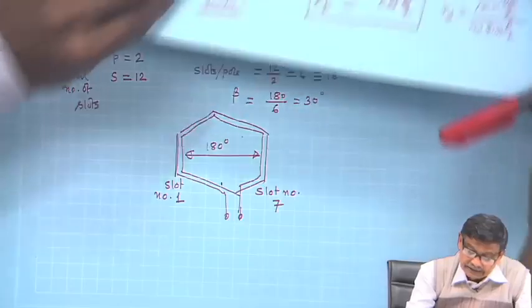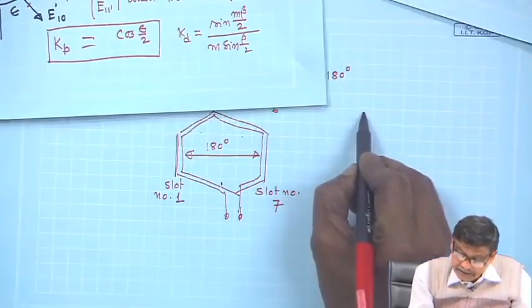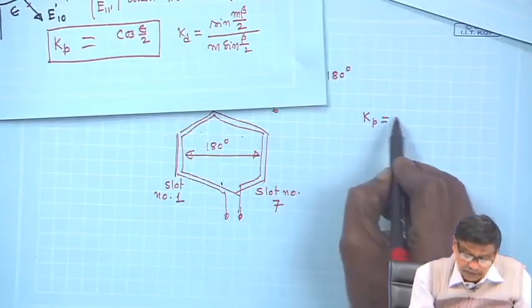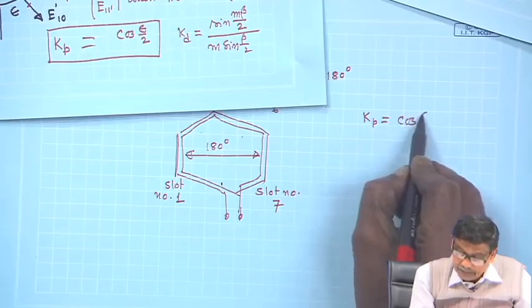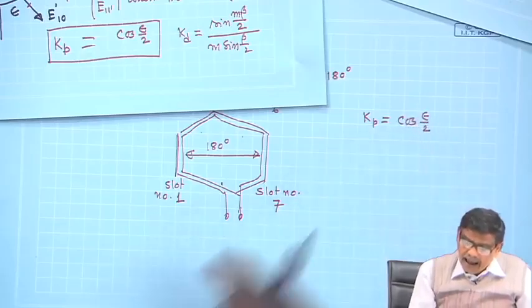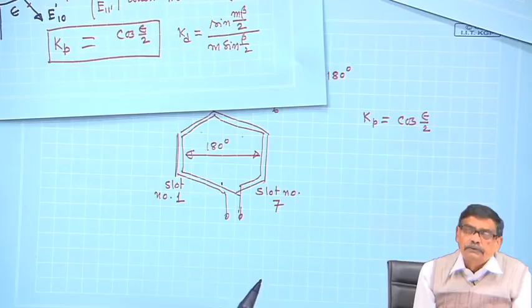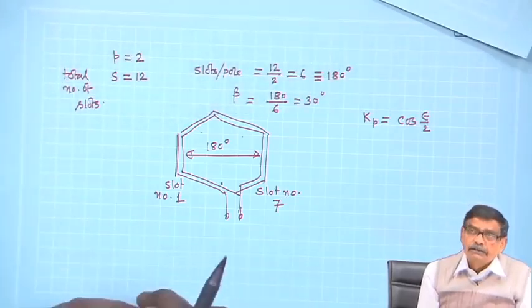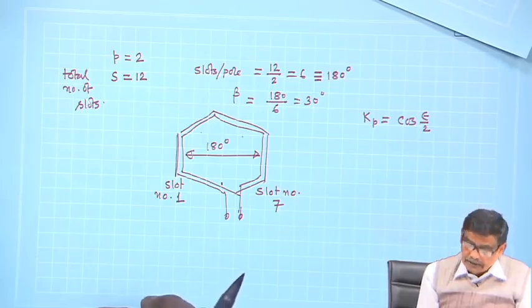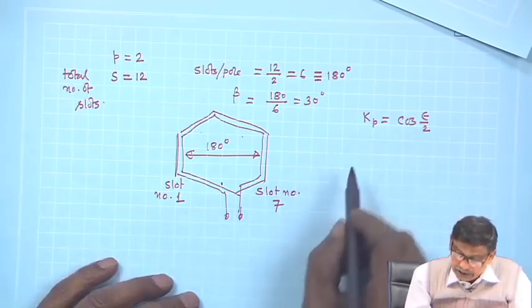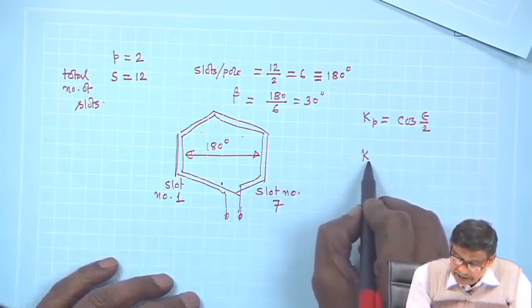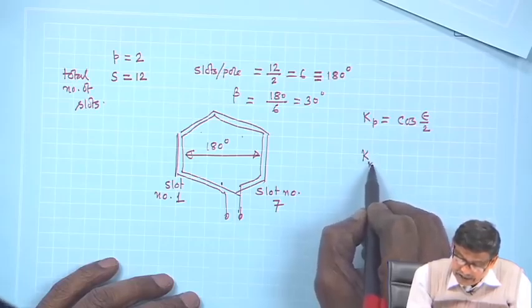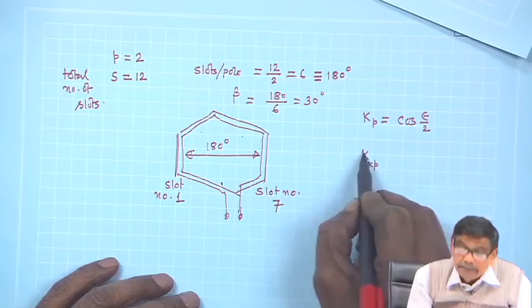I know that this is the Kp. I have calculated cosine epsilon by 2, and as I am now telling you, the B distribution will have a fundamental, third, fifth harmonic. Suppose for kth harmonic, what will be Kp, the kth harmonic pitch factor?